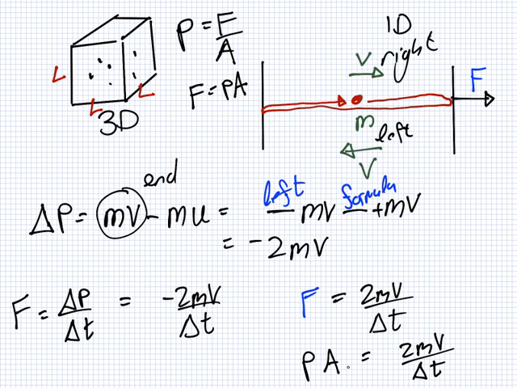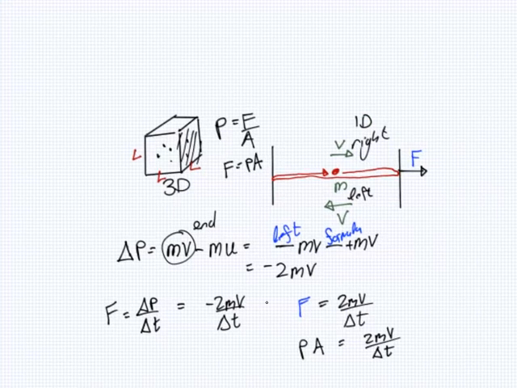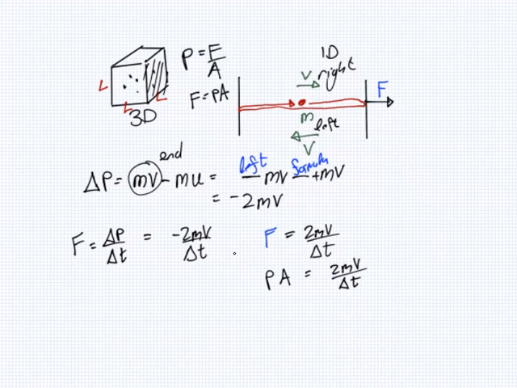Now what is the area in this picture? What's the area of the wall here? The area is L squared. I think you're thinking of volume. You said cube, didn't you? Oh dear. So that's PL squared equals 2mv over delta T. Now we need to do something about the delta T.